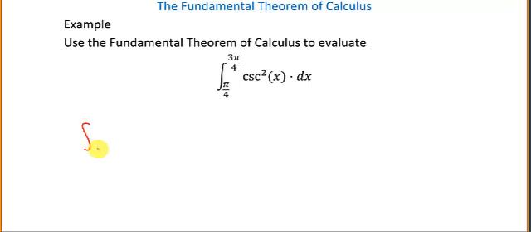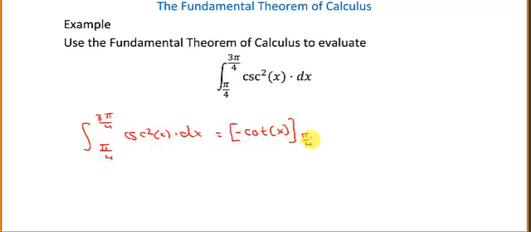Well, let's see. Cosecant squared is the derivative of negative cotangent. So I have to evaluate negative cotangent from pi over 4 to 3 pi over 4.